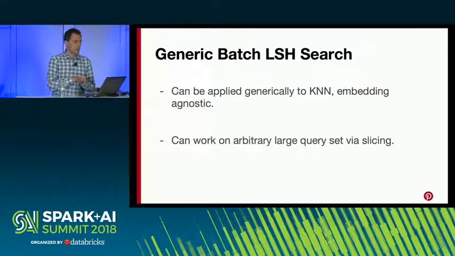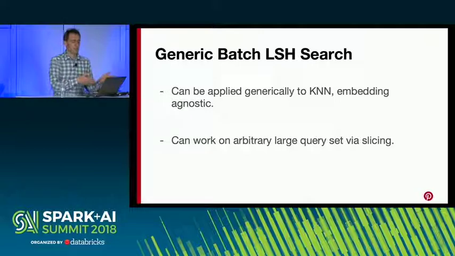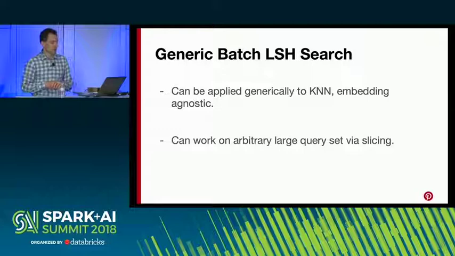So as long as you know how to transform your embedding to LSH terms, and as long as you have the slicing, which I've just spoken about, which ensures that we can run on arbitrarily large data sets, this approach works well for any domain. It's used for text, over word2vec embeddings, and for another homegrown embedding that captures both text and the visual at the same time.